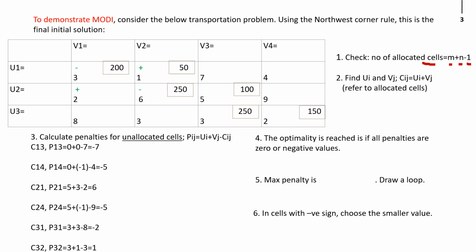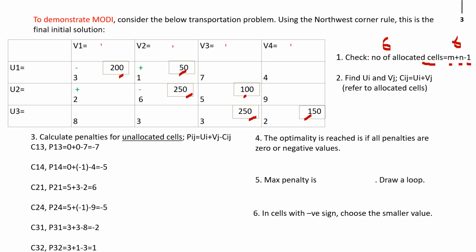Here we can see that the number of allocated cells is 1, 2, 3, 4, 5, 6, and the number of rows is 3, U1, U2, U3, plus the number of columns 1, 2, 3, 4, that is 7, minus 1 is 6. So they are equal, and then we can proceed to use the MODI method.